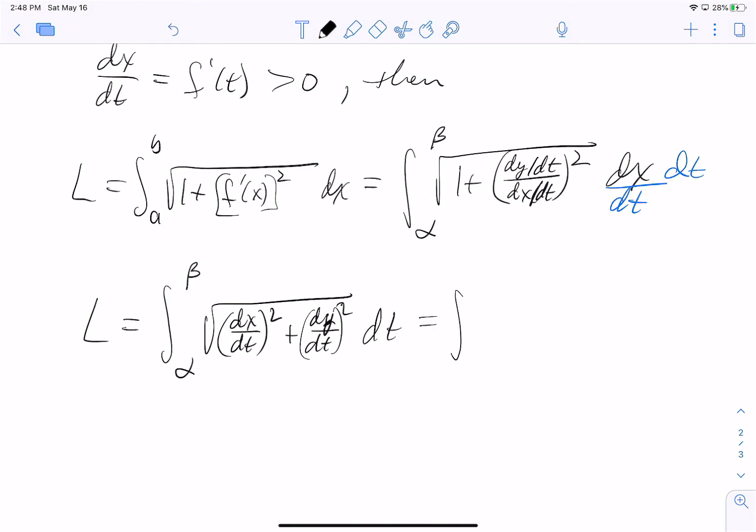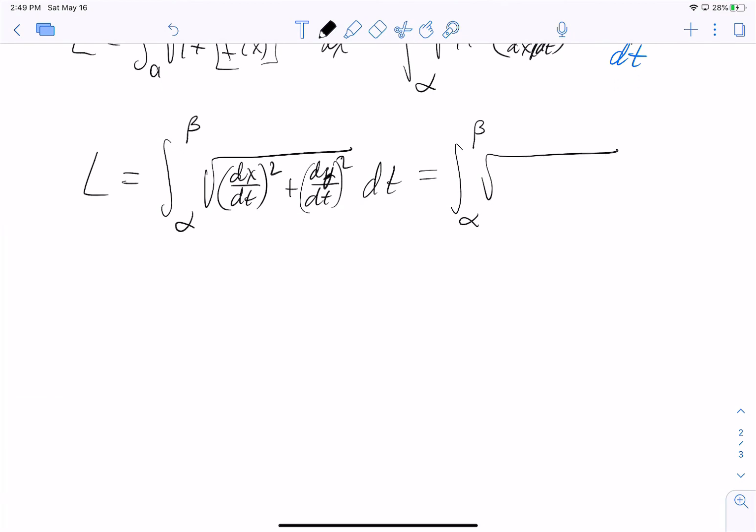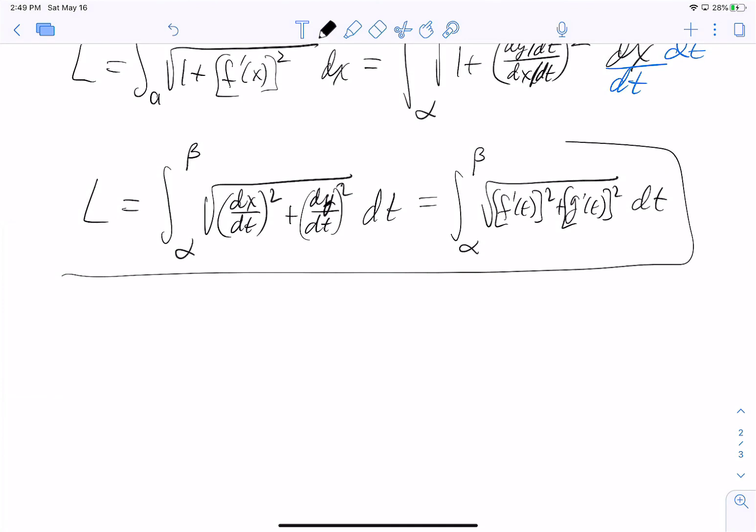This is also written as the integral from alpha to beta of the square root of f prime of t squared plus g prime of t squared dt. For our last formula, I know it's going by so fast, right?